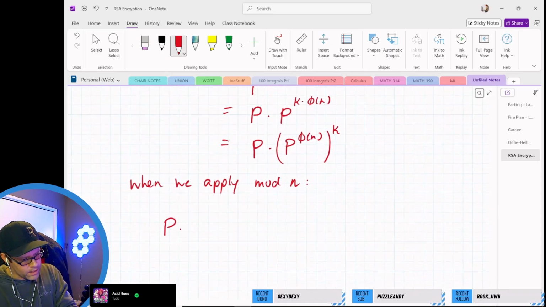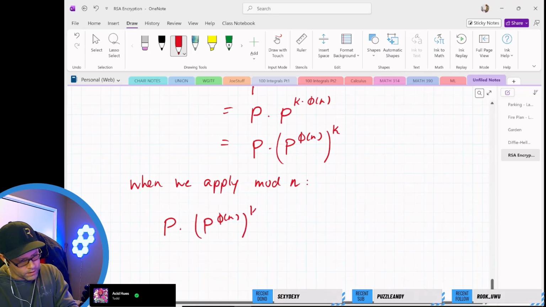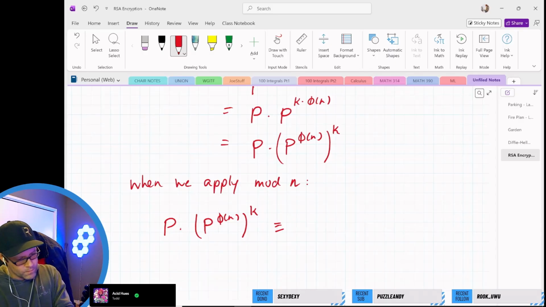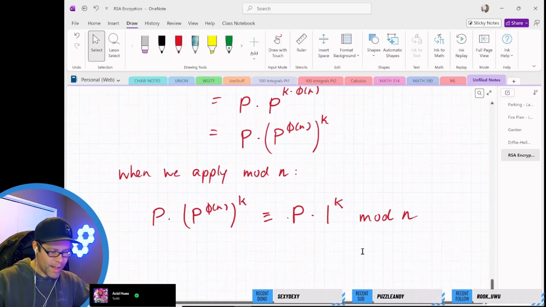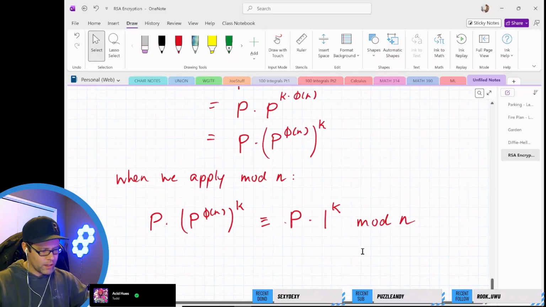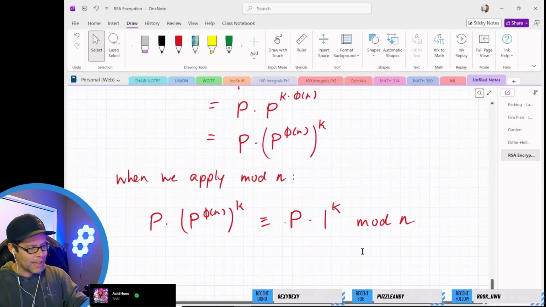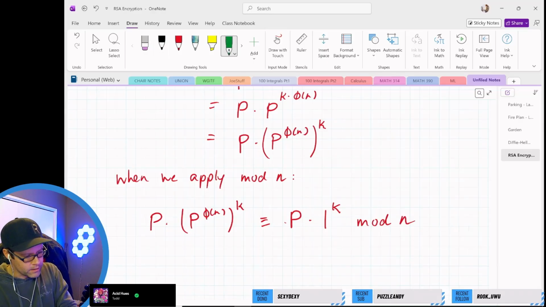We get that p times p to the phi of n to the k will be congruent to, I'm going to claim, p times 1 to the k mod n. Now that seems like some mathemagics. What in the world is happening? What allows us to basically say that this must be equivalent to 1? How does that work?